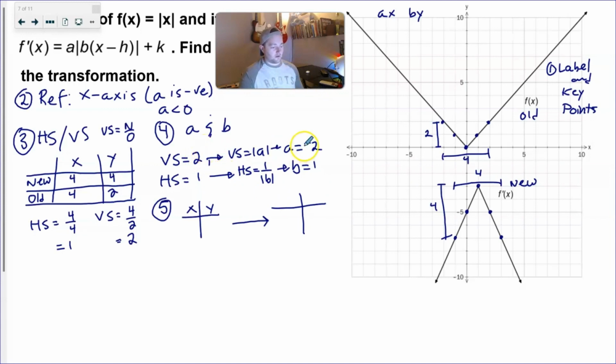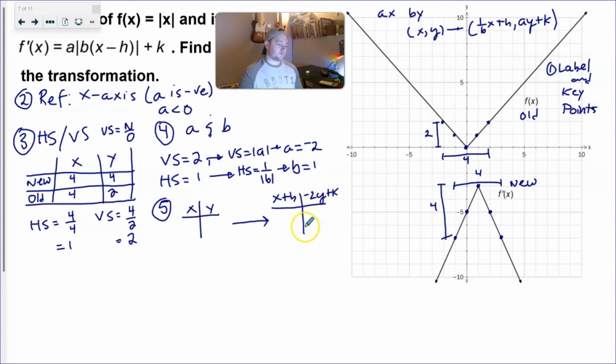I've got the A value and the B value. Remember, my mapping rule is just (x, y) goes to (1 over B x plus h, A y plus k). I know my B value is 1, so it's just going to be 1x plus h. And the A value is -2, so it's going to be -2y plus k.